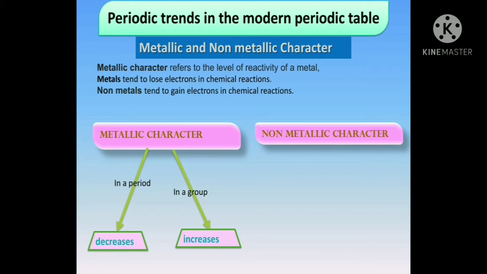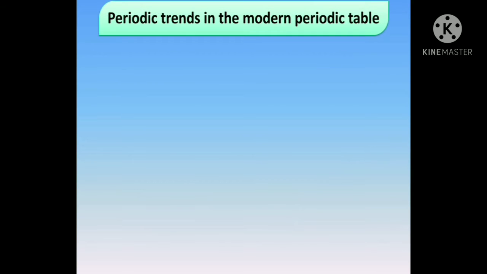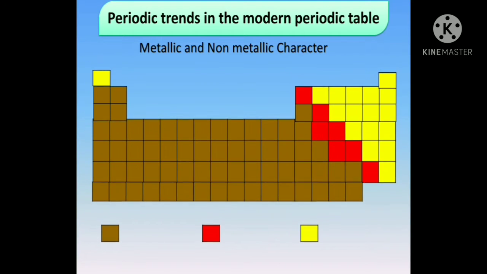The non-metallic character in a period keeps on increasing, and in a group it keeps on decreasing. Let us study this in detail. For this, we need to understand the metals, non-metals and metalloids in a modern periodic table.